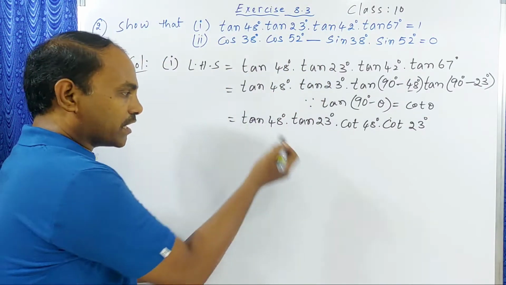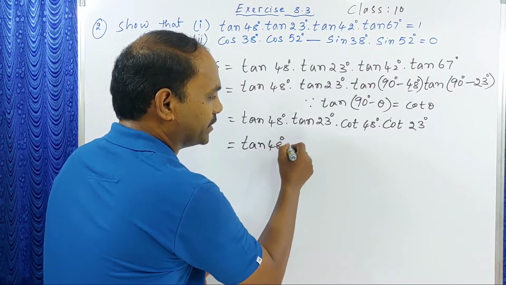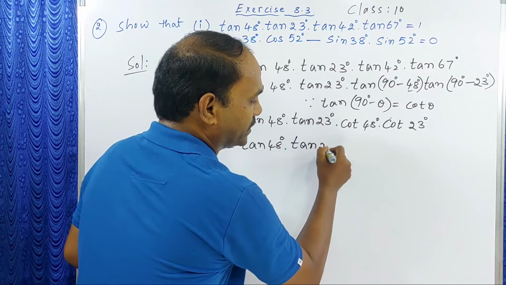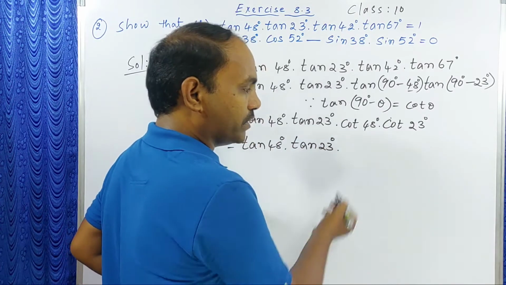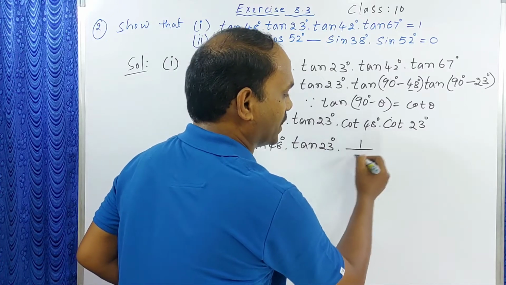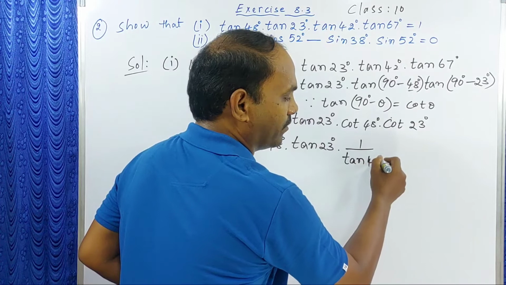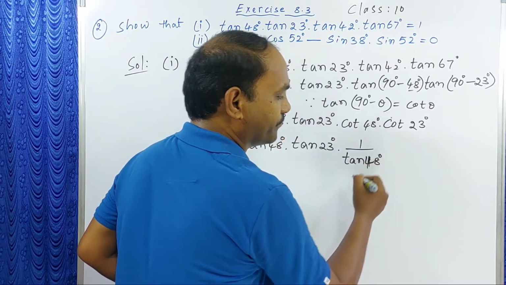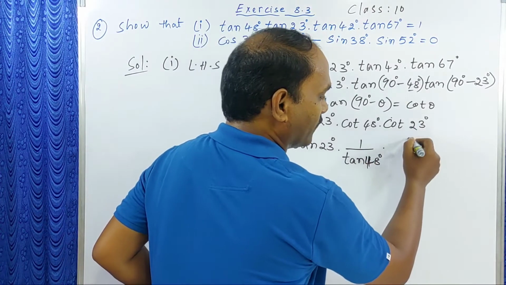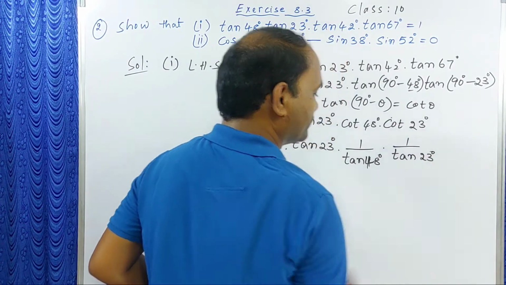Now, tan 48 degrees into tan 23 degrees into cot. Cot is the reciprocal of tan, that's why we will write here the reciprocal. Cot becomes tan 48 degrees into this one 1 by tan 23 degrees.